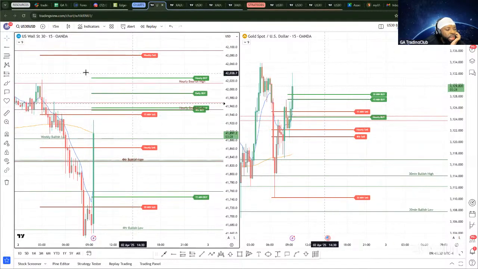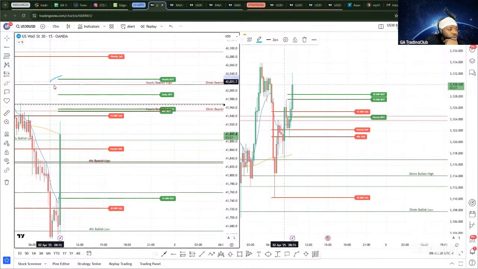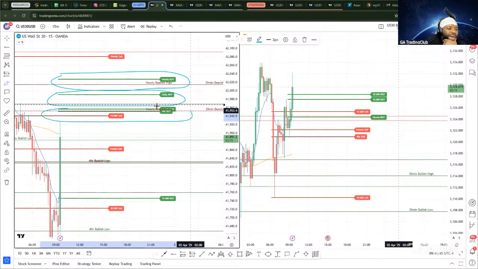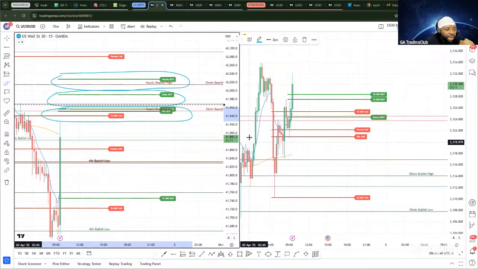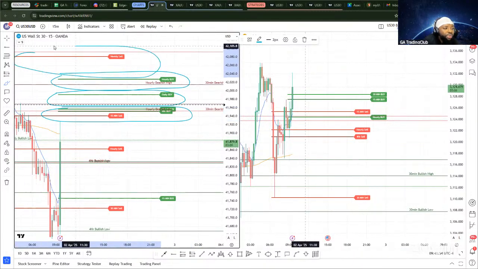And just something else I've noticed, if you have a bunch of SAR rejection levels at the same area, just keep in mind that you might get stopped out. So the idea is to always take the entry at the most optimal level. So right here, technically the most optimal level is this weekly sell right here.